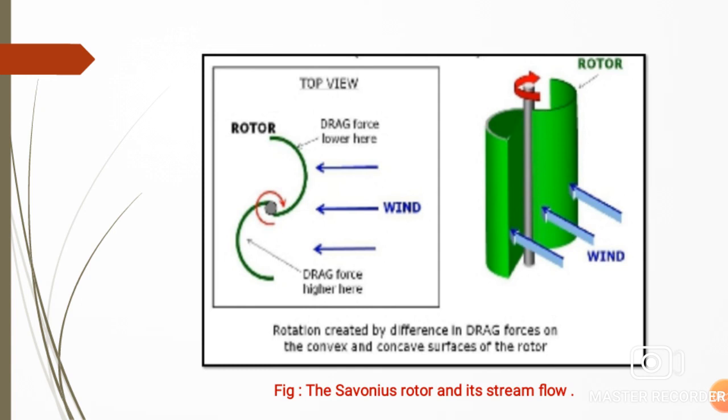The outer part of the blade is convex and the inner part is concave, and the forces exerted by the wind on the blades are generally these two types of force.